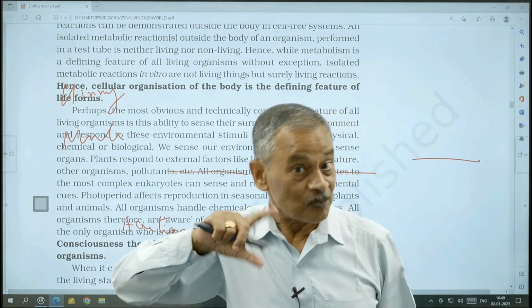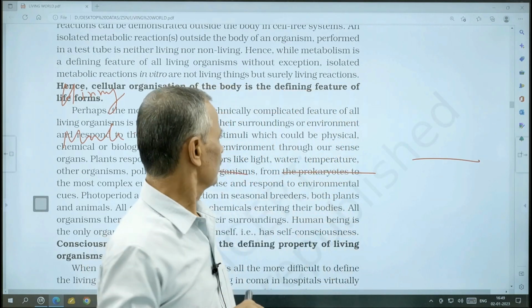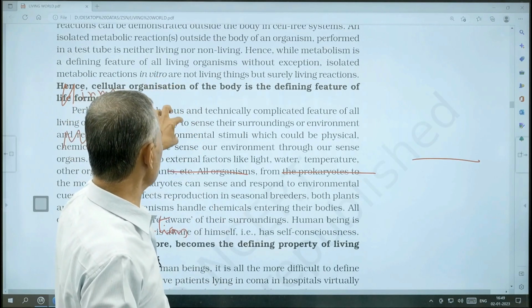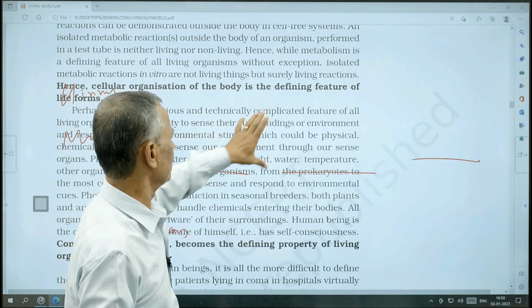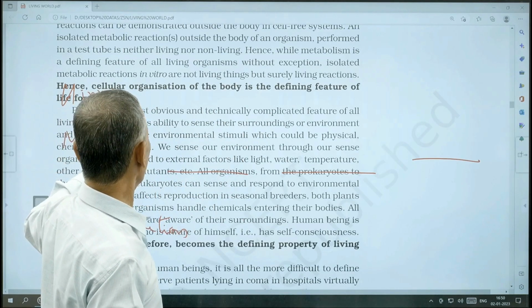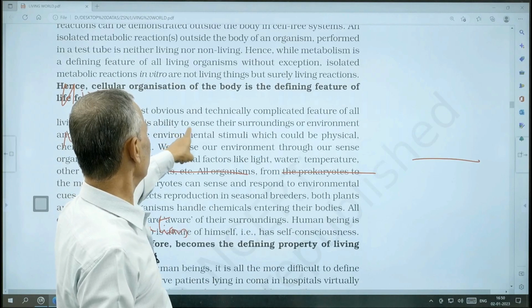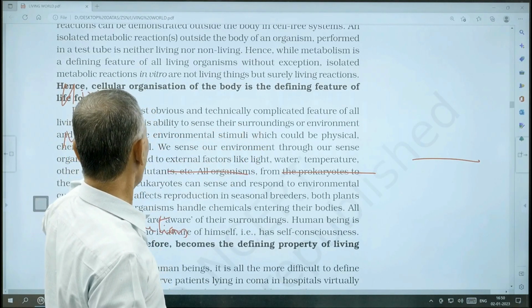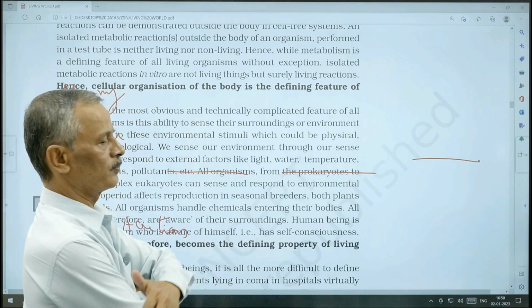They are all responding to such changes. So we have that property, which is technically speaking the most complicated ability of a living thing: the ability to sense their surrounding or environment and to respond to such environmental changes.